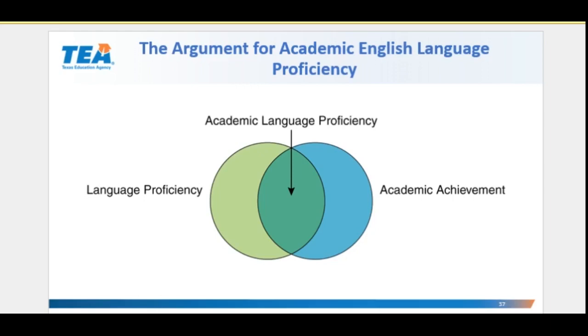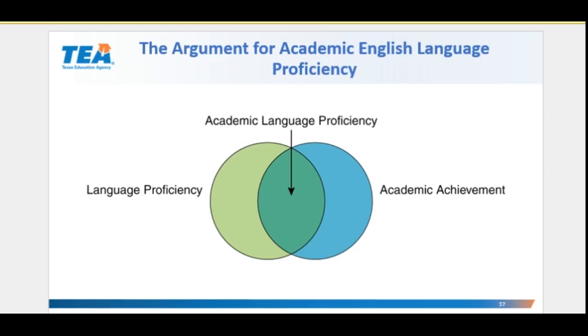EB students who have academic language proficiency understand the English that makes the learning of academic concepts and skills fully accessible. Academic language proficiency therefore provides the foundation for access to academic achievement through conceptual knowledge and skills. Not just academic language proficiency is necessary for academic achievement.